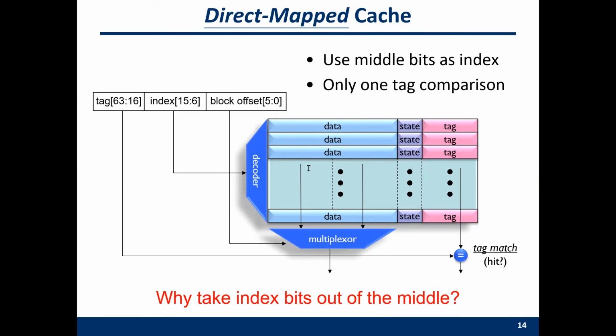For the direct mapped cache, basically you just do a mod operation. Assume that you only have 4 frames in your cache.